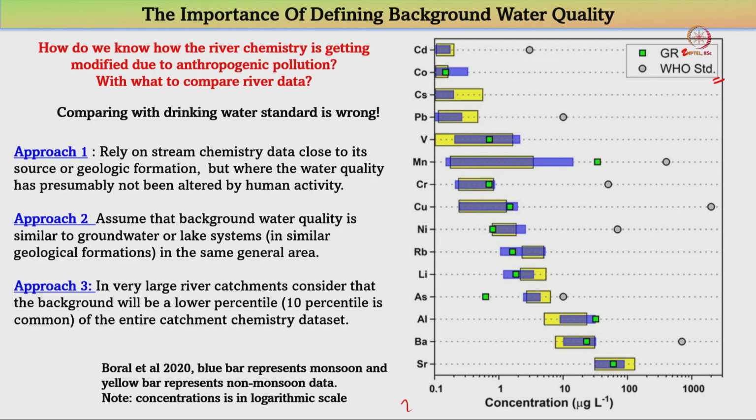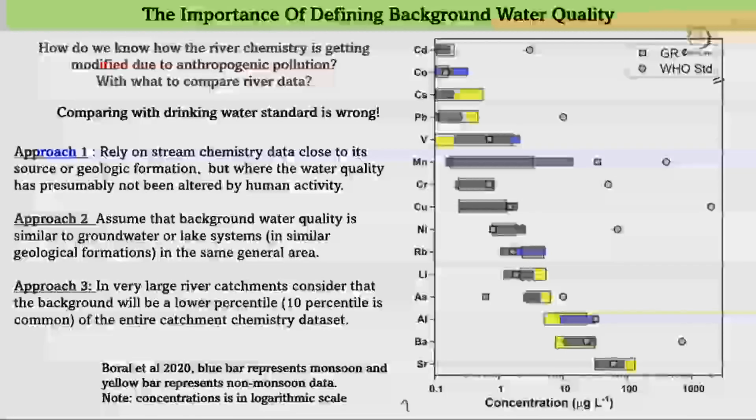So, when you take a data set 10 years down the line, you will know, okay, this was the quality 5 years ago or 10 years ago, and this is the quality now. So, clearly the river has degraded. So, such kind of background water quality data is required to know whether the quality has degraded or not.